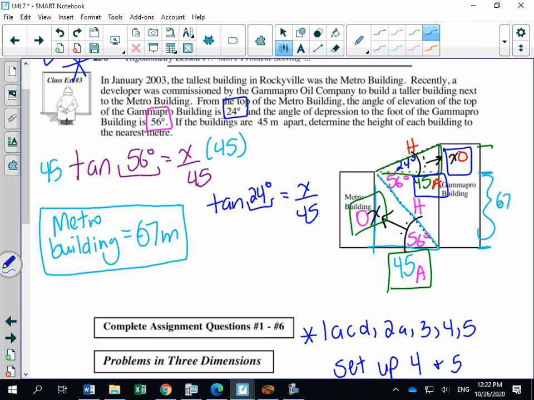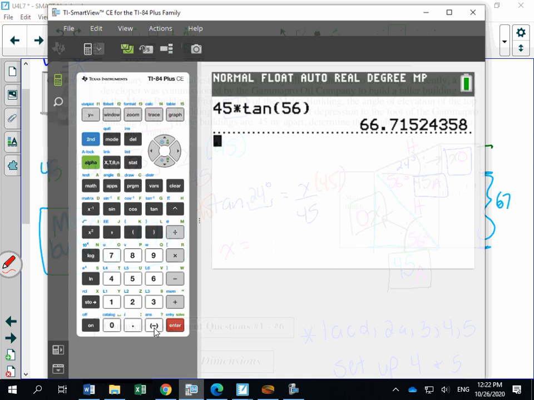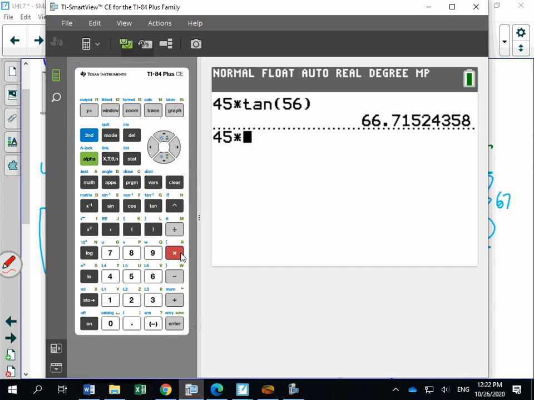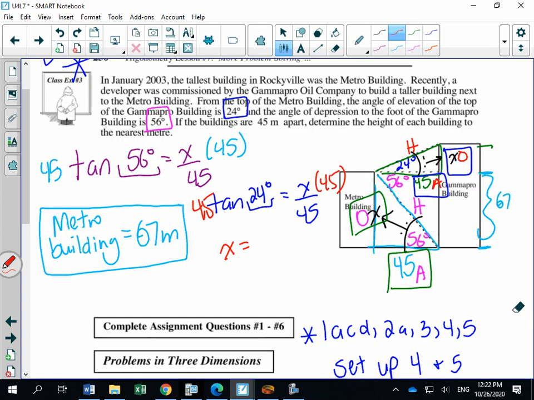Thanks, David. Times this by 45, times this by 45. X is equal to, I'm going to keep that as X, 45 times the tan of 24. 45 times the tan of 24 gives me 20.035.